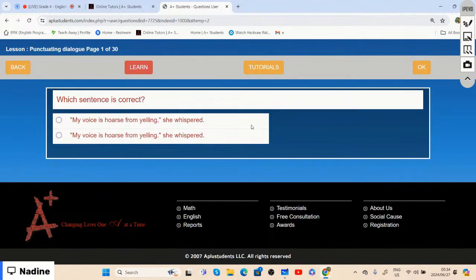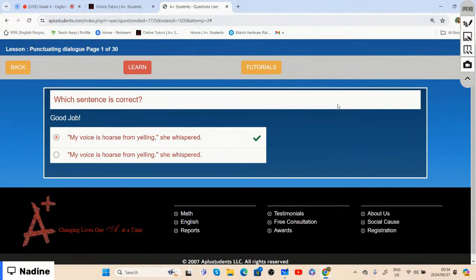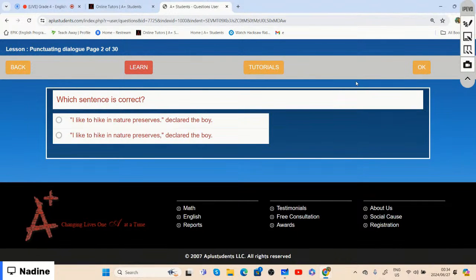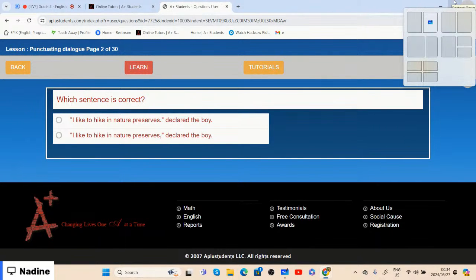All right, then if we were to choose the correct option, we would choose option one. And option one is correct because remember we said that if we start with the quotation before he said or she said or they said, then if our sentence were to end with a period, we change the period to a comma. But if a sentence ends with an exclamation mark or a question mark, then it stays the same. So well done.